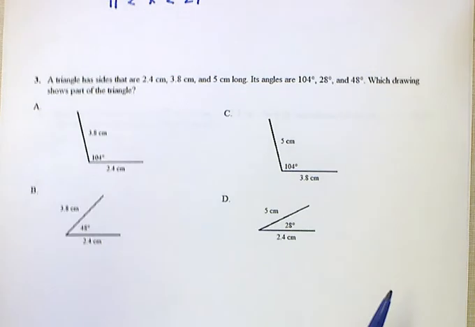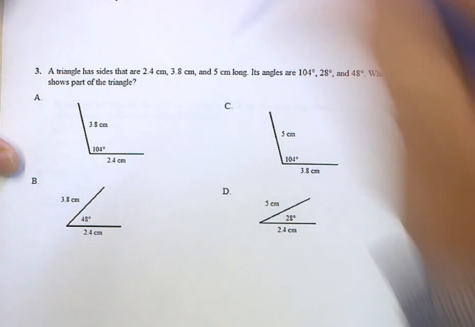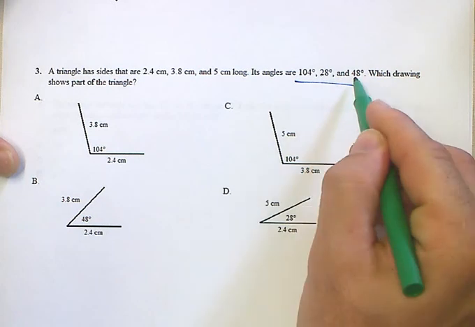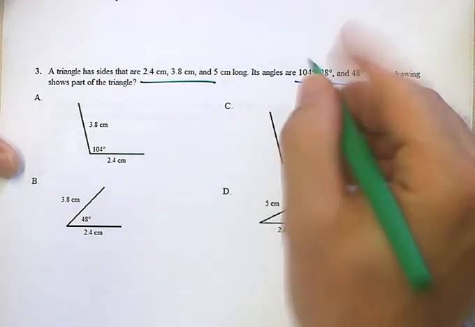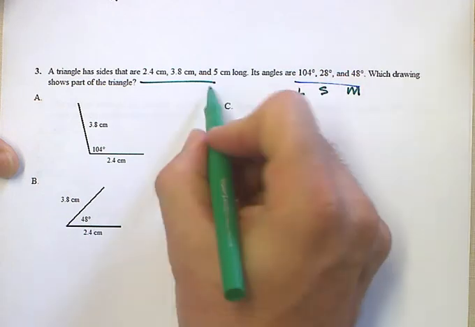Now let's look at question number 3 here. A triangle has sides 2.4, 3.8, 5, and then they give you the value of the three other angles here. Now the size of these angles has a direct relationship to the size of these sides. This being large, small, and a medium, and this being the large, medium, and the small.